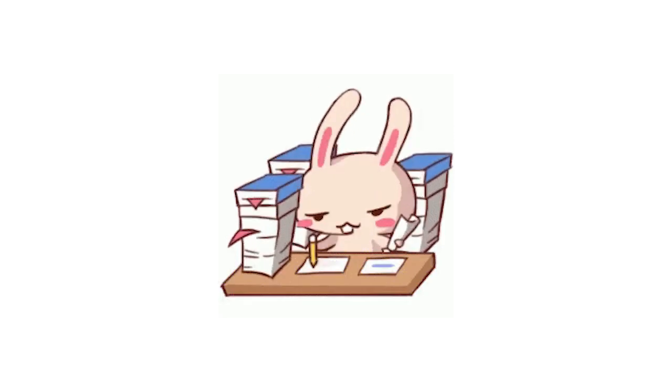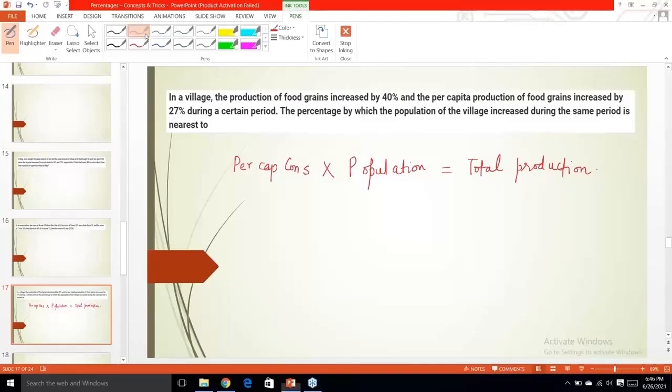Now you can do it using two methods. Either you do it using the variation on product constancy that we discussed. So your per capita consumption is increasing by 27%, according to the question.